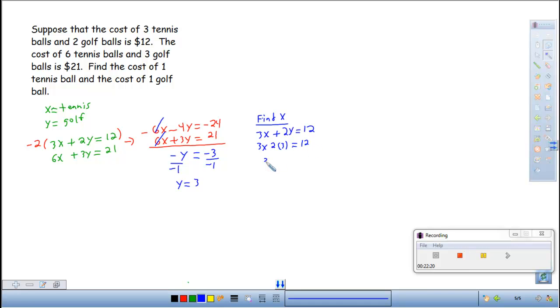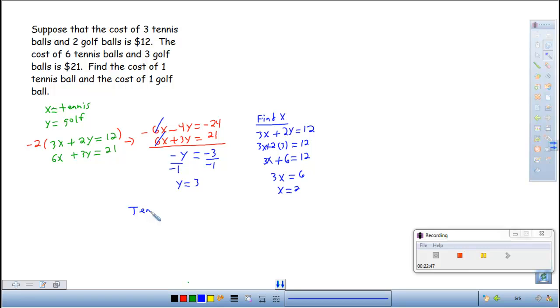So we get 3x plus 6 equals 12. Subtract the 6 from both sides. Therefore, 3x equals 6. Divide both sides by 3. Therefore, x equals 2.